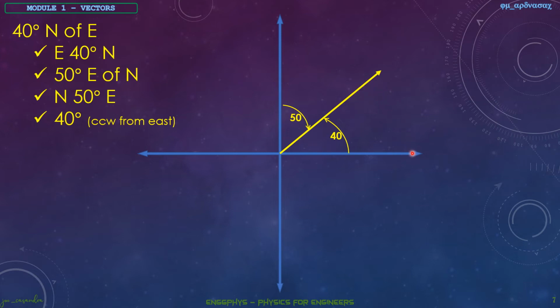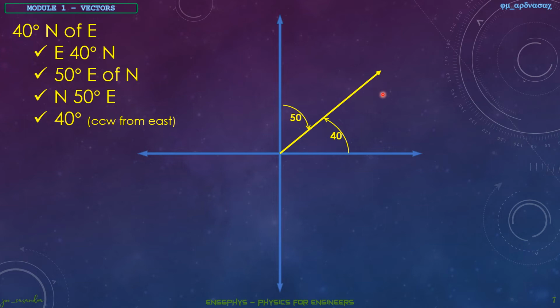And it's measured counterclockwise, since our measurement of angles is always counterclockwise. So if it's stated as an angle alone, it means it's from the east, unless stated in the problem.